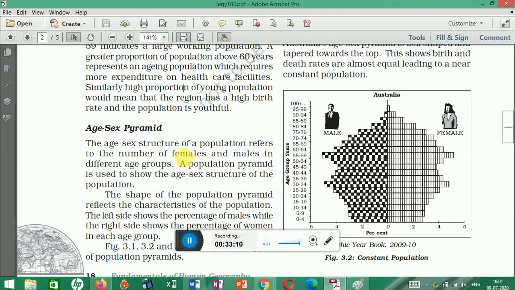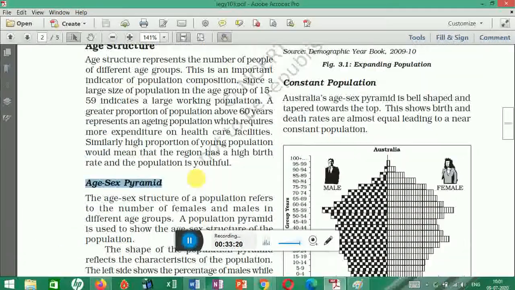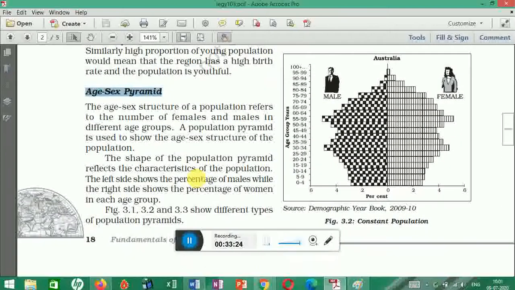To study the age structure, we have to analyze the age pyramid of any country. Now let us analyze this age pyramid.